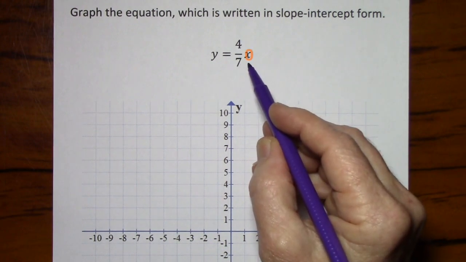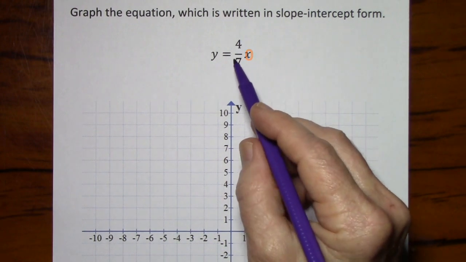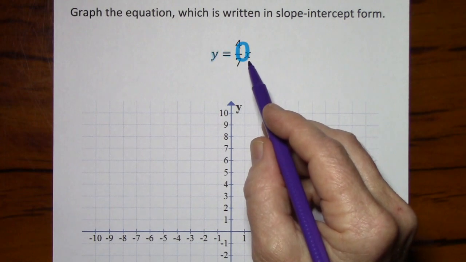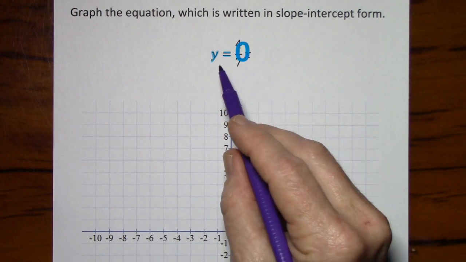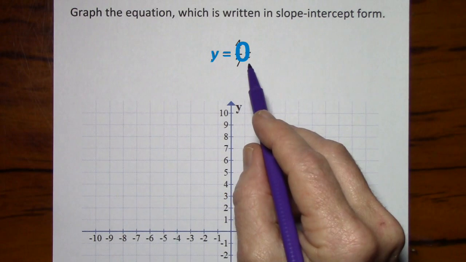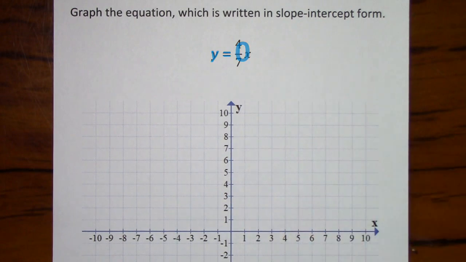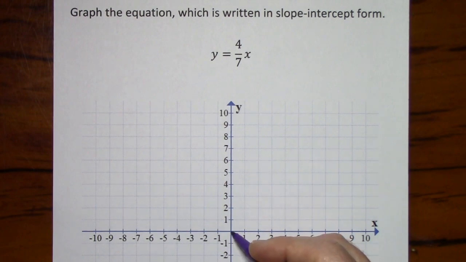When x is 0, this becomes 0, and you have y equals 0. So when x is 0, y is 0. You put your dot right here at the origin.